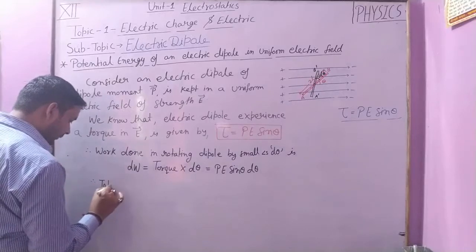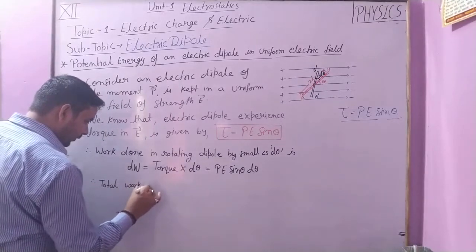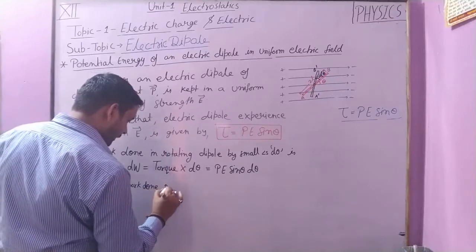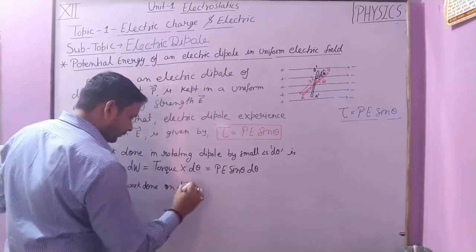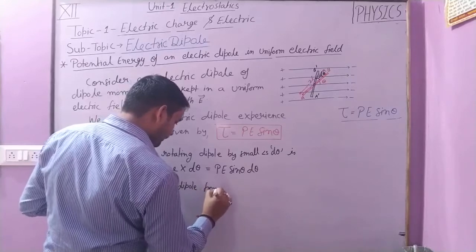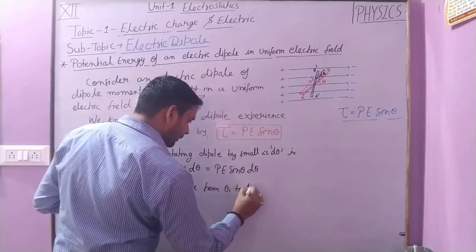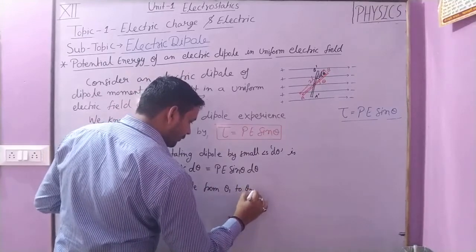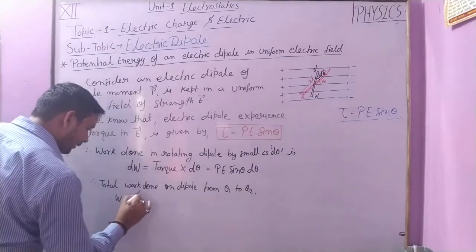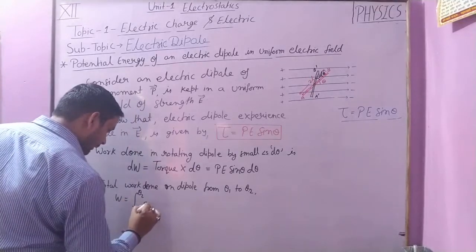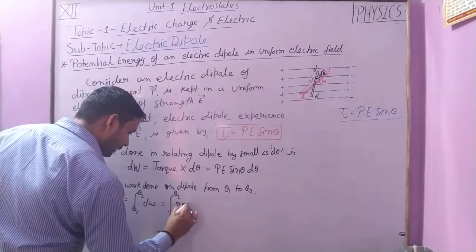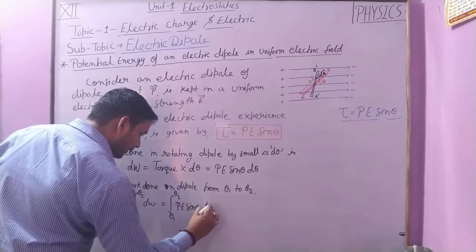on the dipole from theta 1 to theta 2 is W is equal to the integration from theta 1 to theta 2 of dW, that is the integration from theta 1 to theta 2 of PE sin theta d theta.